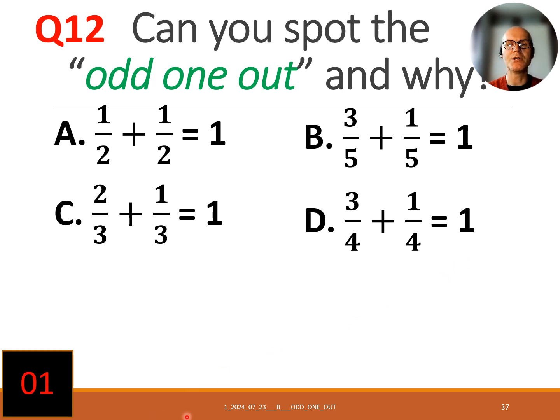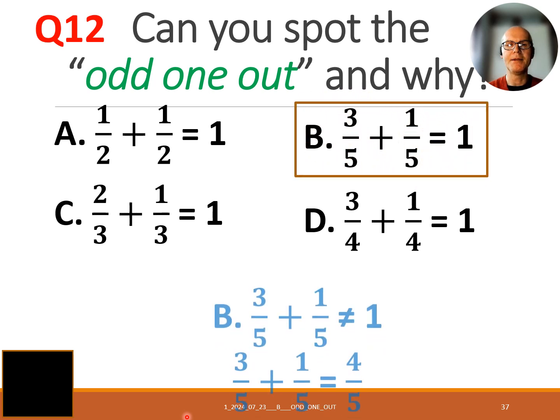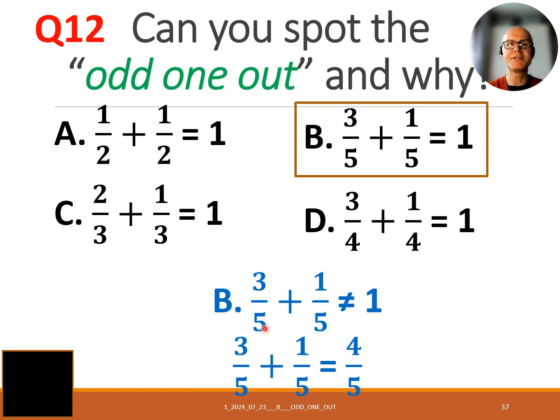From these 4 sums of fractions, which is the odd one out and why? It's B, because 3/5 plus 1/5 does not equal 1. 3/5 plus 1/5 equals 4/5. All the other ones are correct sums of fractions. A, C and D do add up to 1.